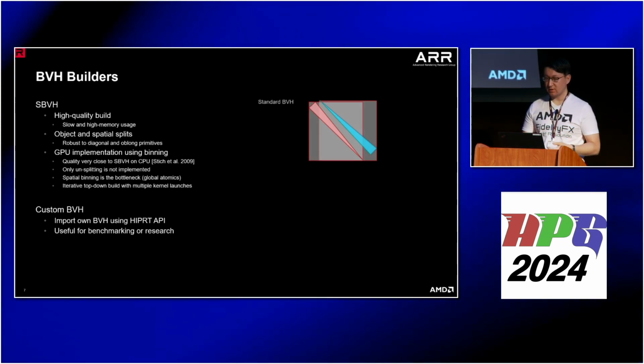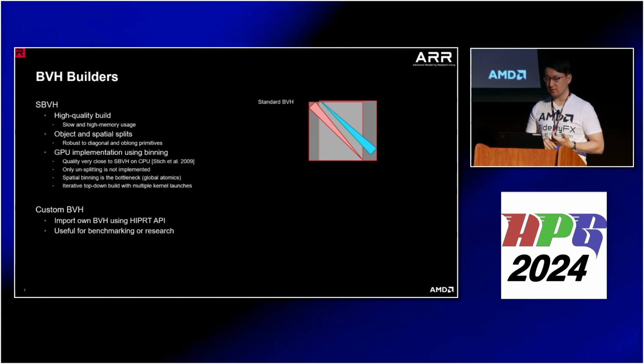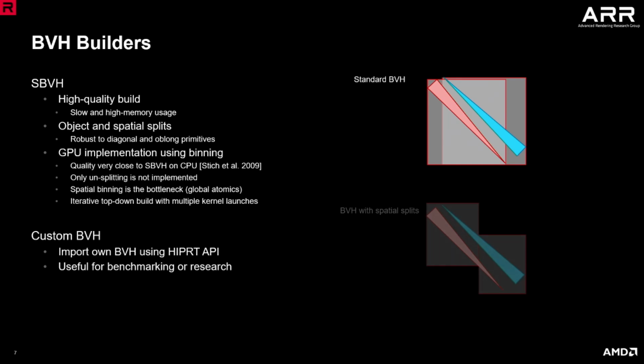The motivation is that the standard BVH doesn't cope well with long diagonal triangles. So what we can do is use spatial splits, which is a technique known from KD trees. So we can achieve tighter bounding boxes, but the cost is that now triangles are referenced in both subtrees.